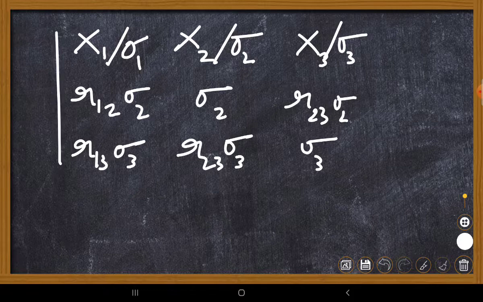So we will have this determinant, and it's going to be equal to 0.